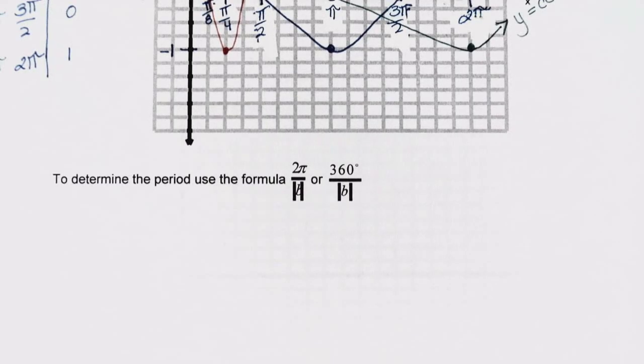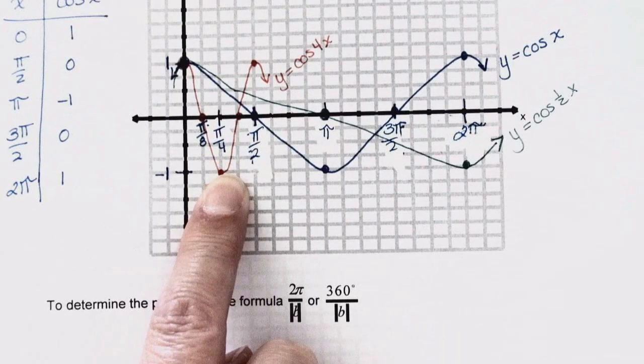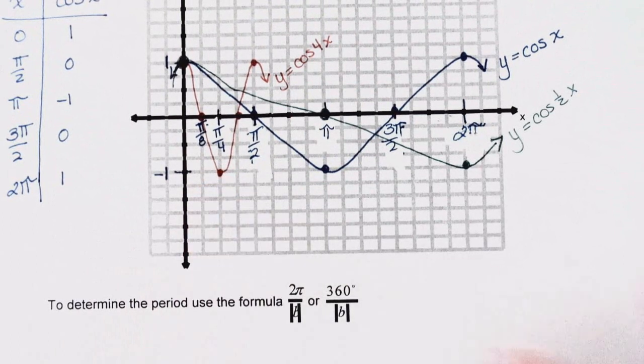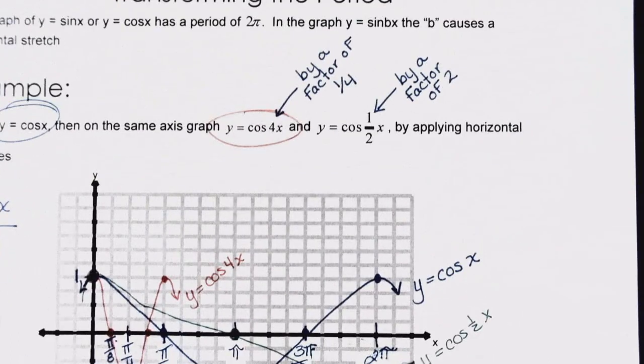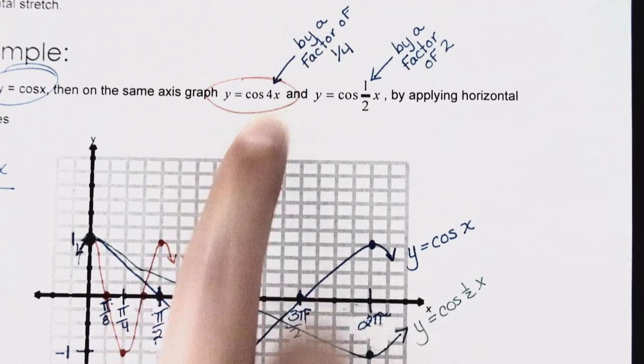Okay. Can we do the period for this guy right here? What was the b value in the equation? It's a 4. Okay?